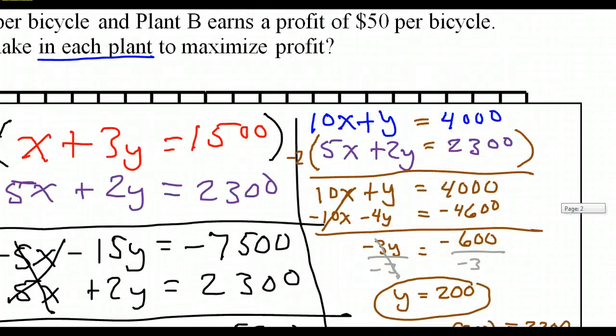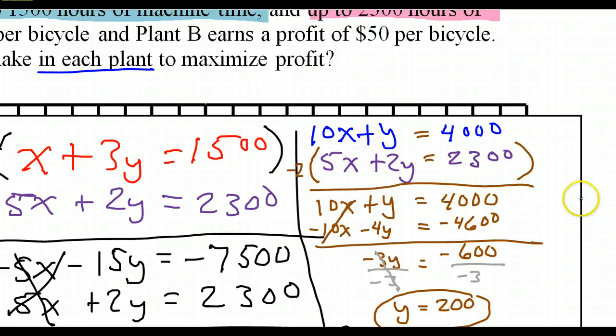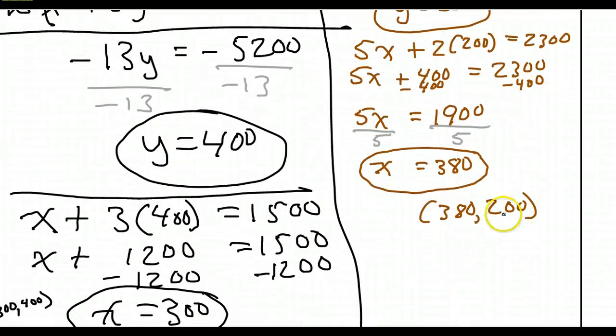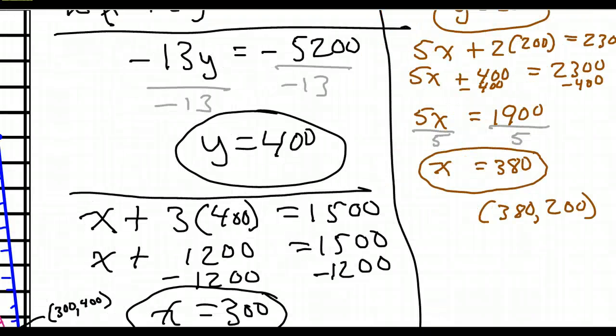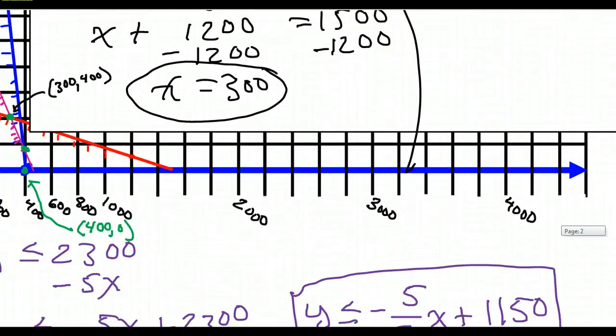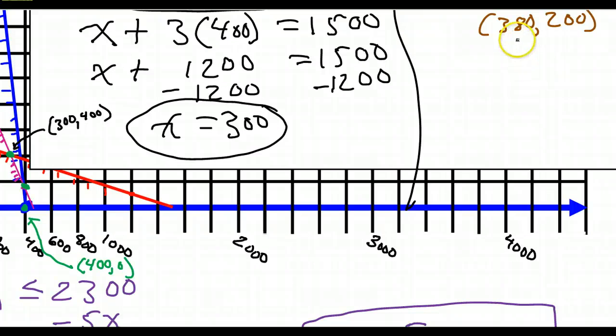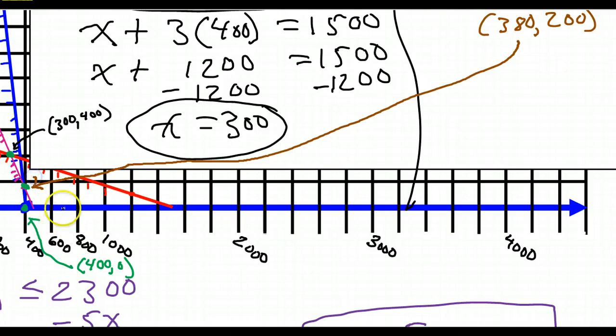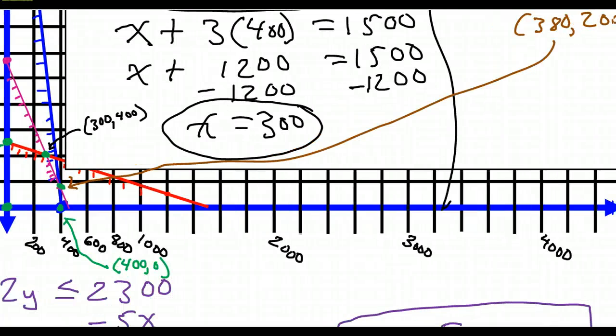That is where the blue line and the purple line meet. 380 comma 200. So let's put that on the graph. So this, I'm talking about, this is this point right here. Okay, and I guess we can just point to it. Maybe I'll put it closer. So 380 comma 200.